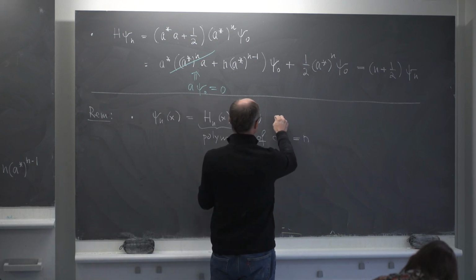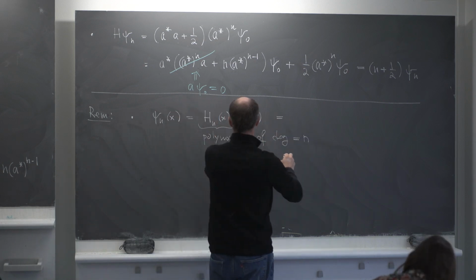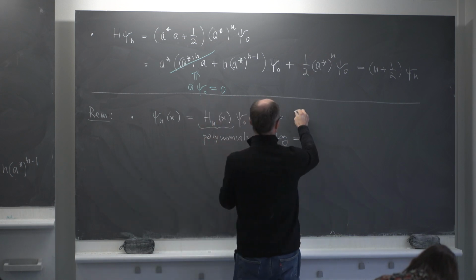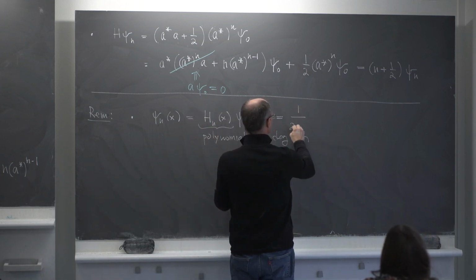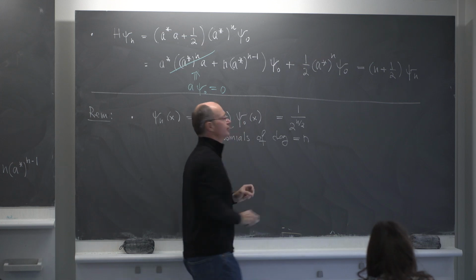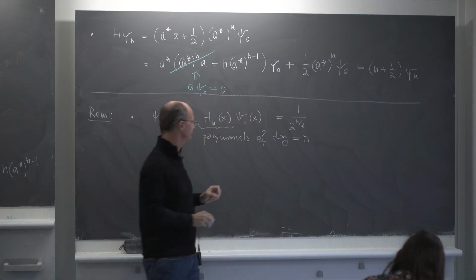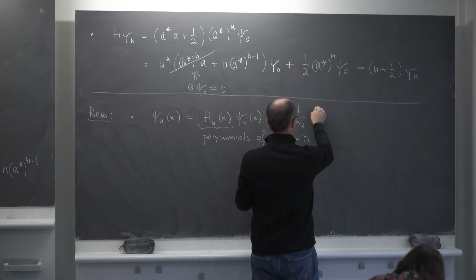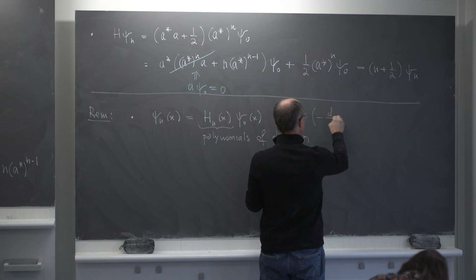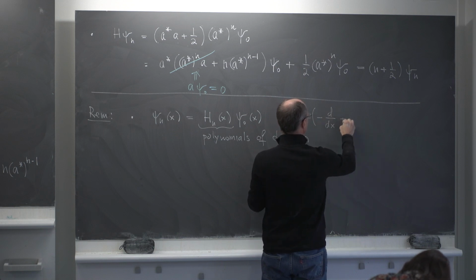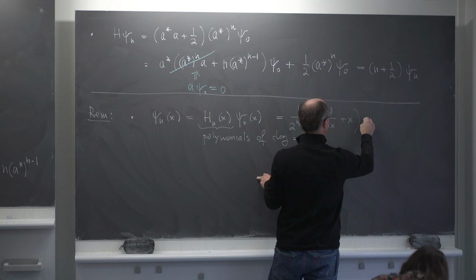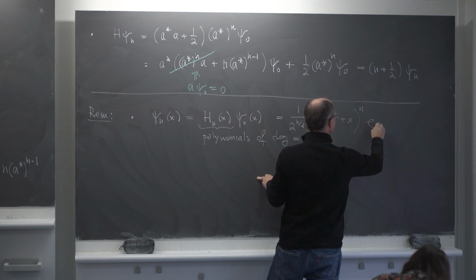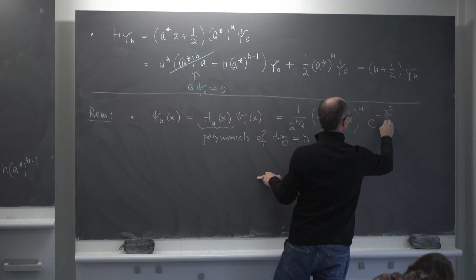You see, so this is equal to what? It will be 1 over 2 to the power n over 2, minus d over dx plus x, to the power n, and here exponential of minus x squared over 2.